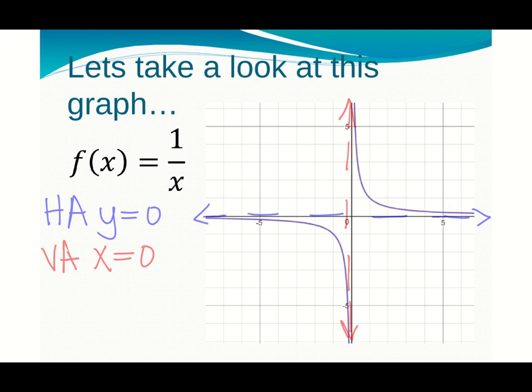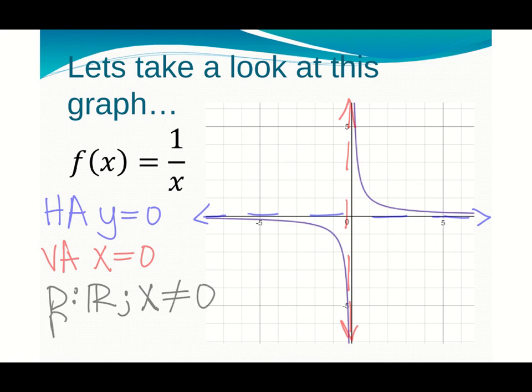So some other things that we can notice is that it's going to affect our domain and range. So remember, our domain is all our x values and our range is all our y values. So our domain is going to be all real numbers, except it's never going to be 0. So x can't be 0.